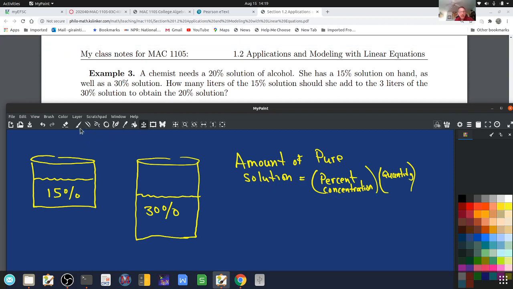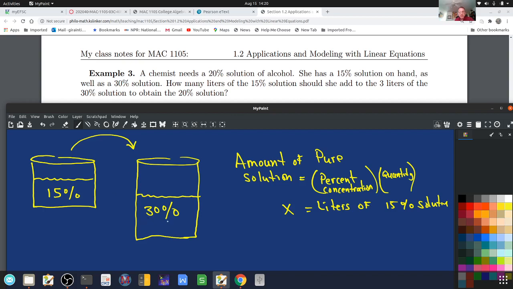So our unknown, our x, is going to be liters of what? Of 15% solution.